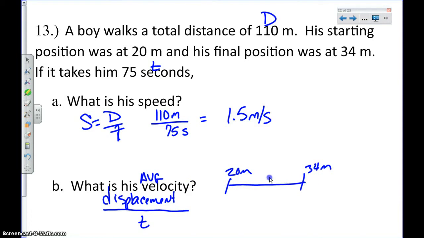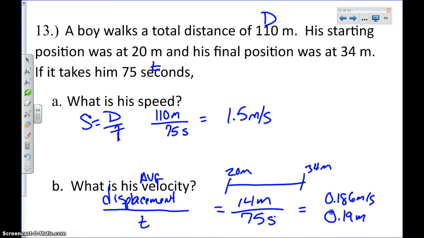How far am I from the starting position? The answer is I'm 14 meters from the starting position, divided by my time. My time's still 75 seconds. And that's going to give you 14 divided by 75 equals 0.186 meters per second. And when you do the sig figs on that, that's 0.19 meters per second, 2 sig figs.